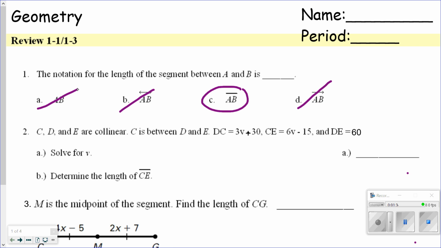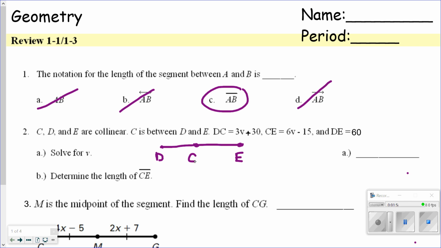I'm going to apologize ahead of time. It's hard to write on this computer. So I have D as one endpoint, E as the other endpoint, and C is somewhere in between. It is not in the middle. I'll say that again. It is not in the middle. It's just somewhere in between.